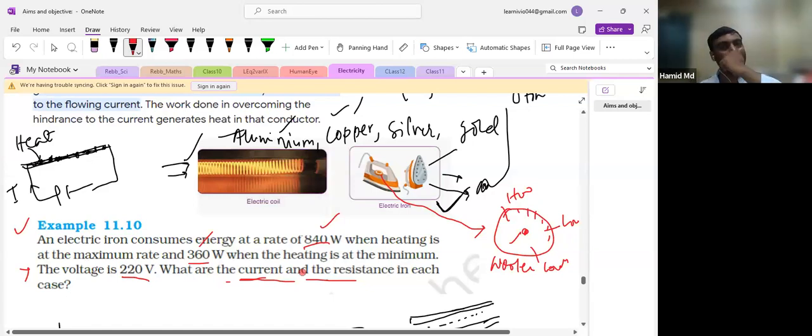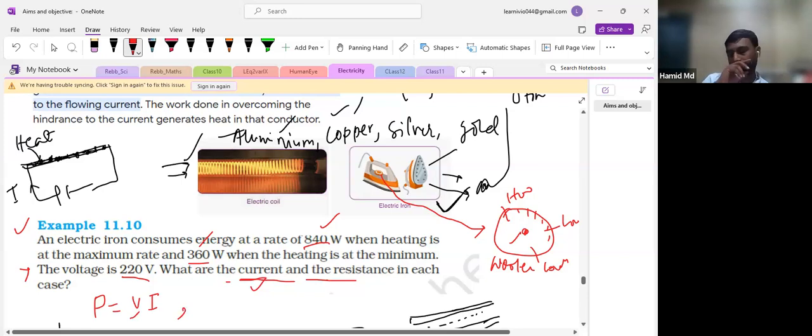We have all three relations. If P is equal to V times I, this is enough for this case, because with the voltage we can calculate the current.